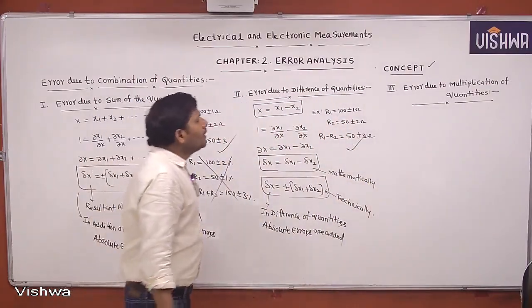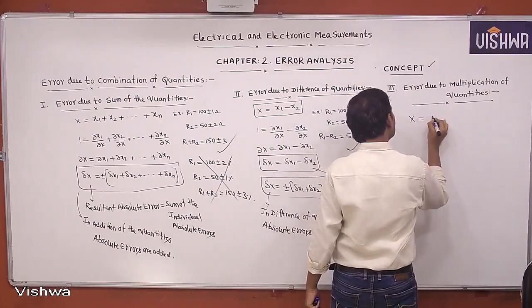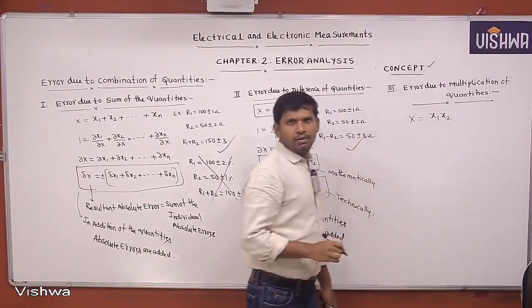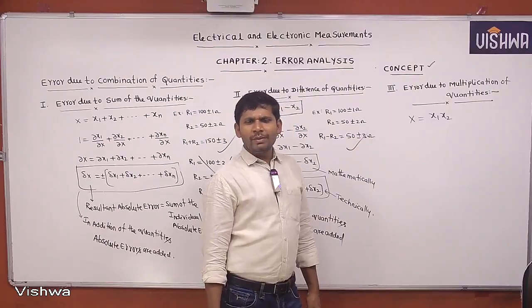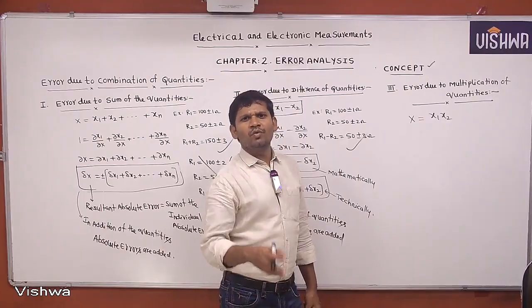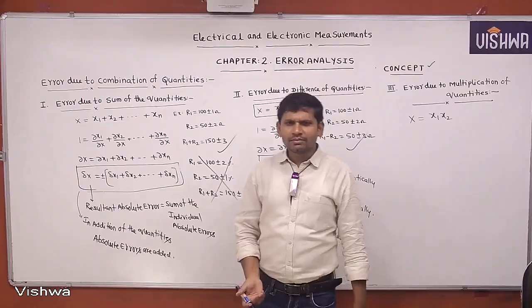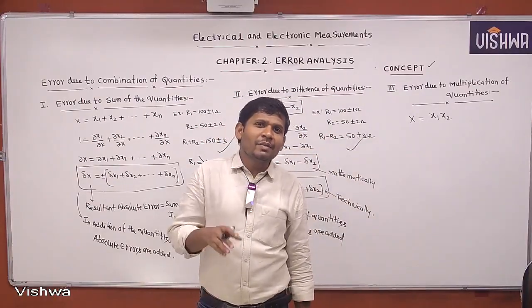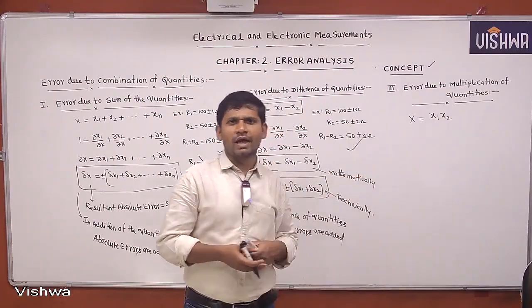Let in a particular experiment, x equal to x1 into x2. For example, in the measurement of power using voltmeter and ammeter method, we measure some voltage using voltmeter, but there is some error. We measure current using ammeter, there is some error. Then what is the error in the measurement of power? Power is nothing but V into I. In that application, we can use this analysis.